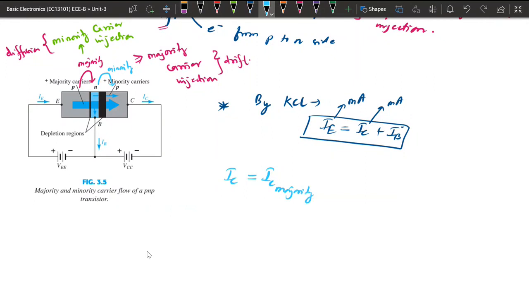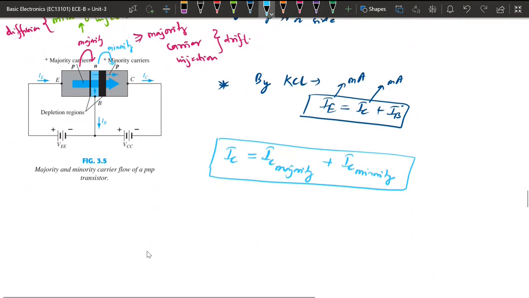Along with that, there is a minority charge carrier component. This thin arrow represents IC minority. So overall, the output current is because of the majority charge carriers as well as the minority charge carriers. And this minority component is the current that flows when the diode is reverse biased because of the minority charge carriers.